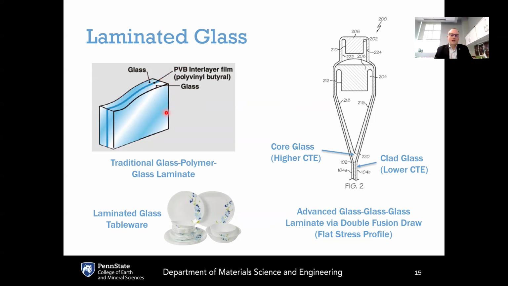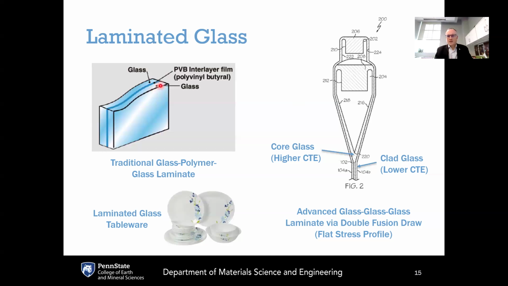This is a traditional 3-layer polymer glass laminate, where the typical polymer used as the interlayer is PVB, polyvinyl butyral. And the advantage of this is that if the glass breaks, it is still adhered to the polymer layer, so the shards are not flying in people's faces.